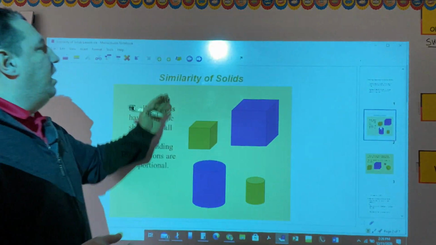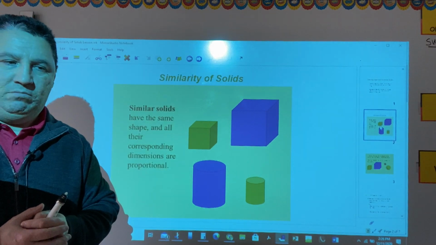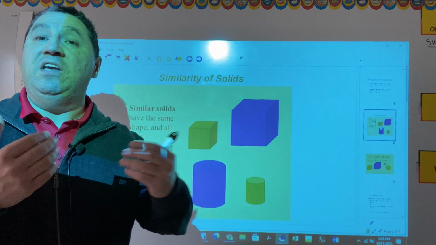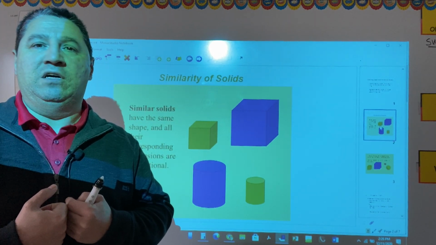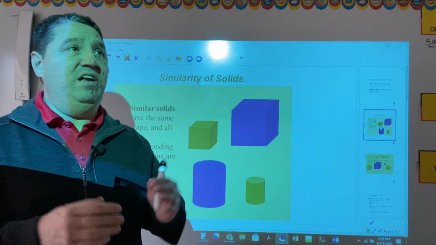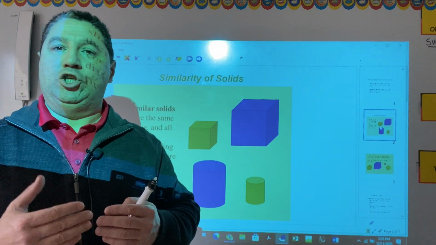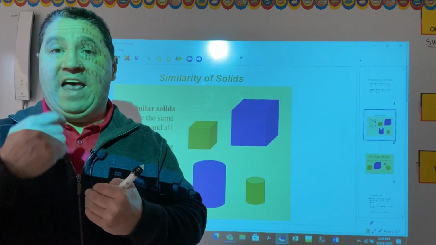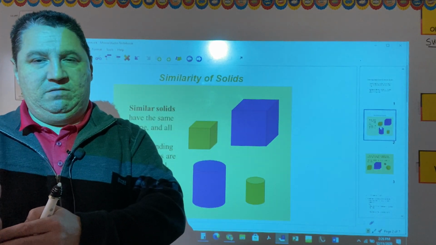Now, I hope you remember similarity of geometric figures. We had this lesson when we talked about similarity of triangles, right? And then we learned that two triangles are similar when they have the same shape but different size.